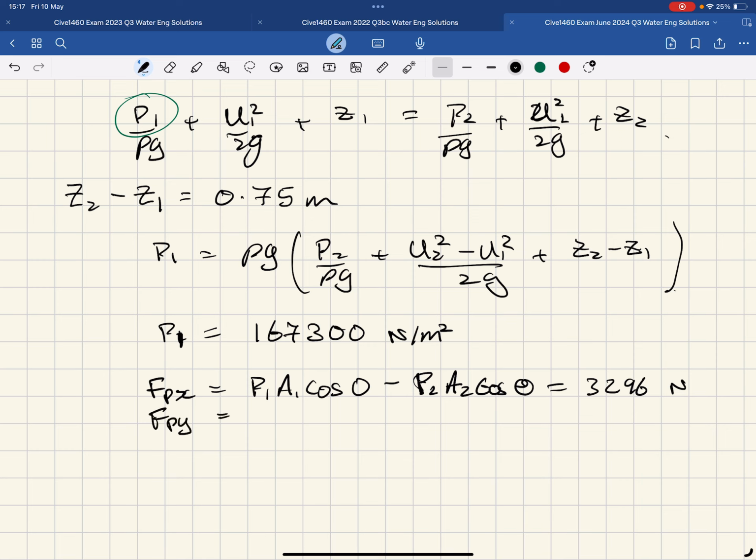FPY is P1 A1 sine 0 minus P2 A2 sine theta, and that comes out to be somewhat larger, but negative, so let's just correct that, minus 36020 newtons.